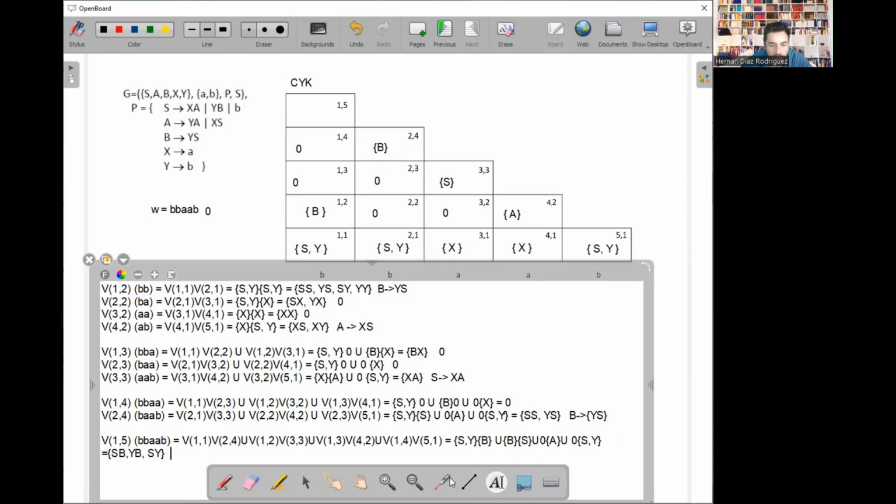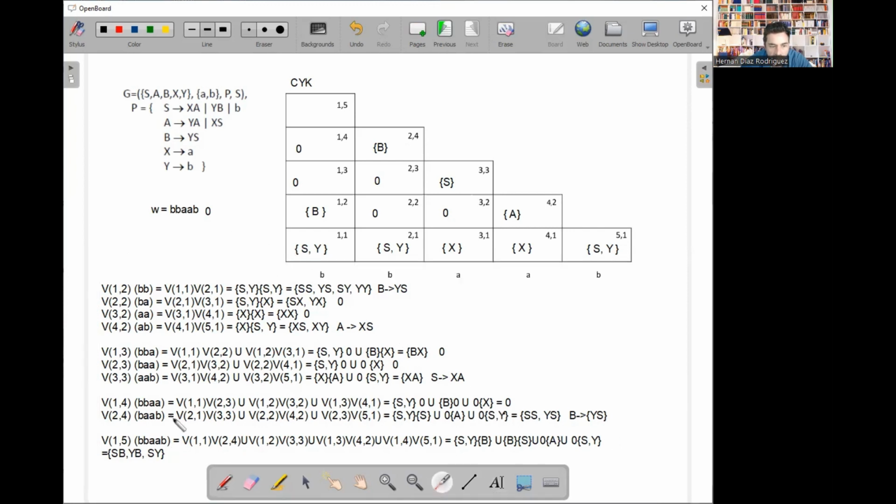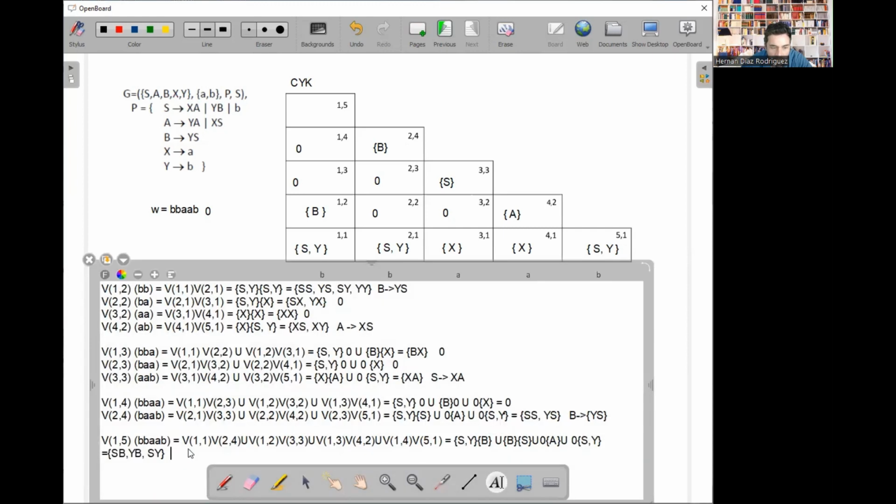So we go to the grammar and we check the variables that can produce any of these combinations. Right, so as you can see, we don't have SB or SY, but we have YB. And this is produced by the initial symbol of the grammar. So we could say that S produces YB.